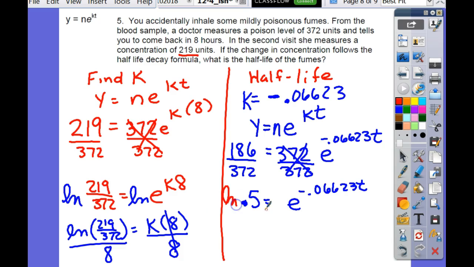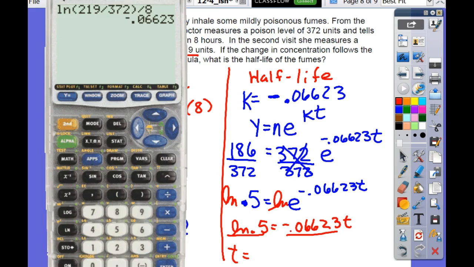We're going to take the natural log of both sides, negative 0.06623 times the ln of e, which would be equal to 1. To get the t, we're going to divide this by that.